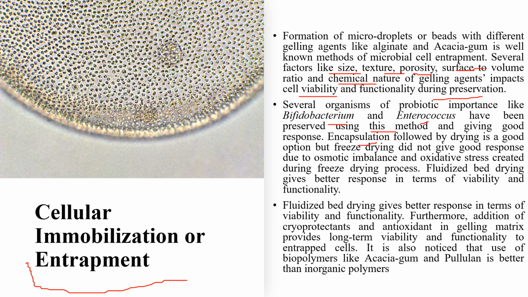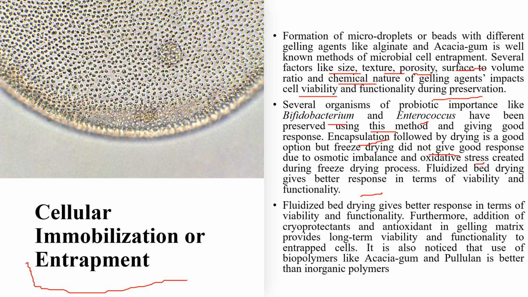Encapsulation followed by drying is a good option, but freeze drying did not give a good response due to osmotic imbalance and oxidative stress created during the freeze drying process. That's why we need some advanced technique of microbial cell preservation. Fluidized bed drying gives a better response in terms of viability and functionality.